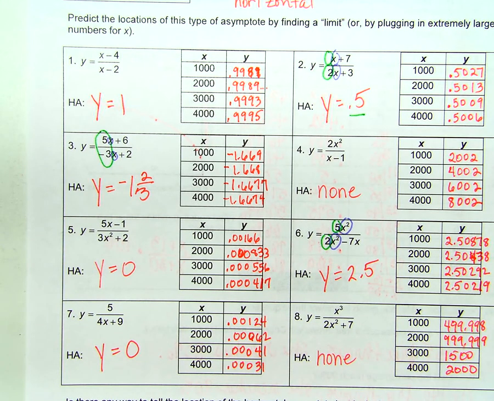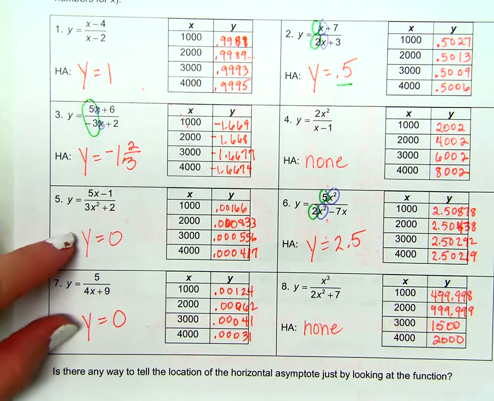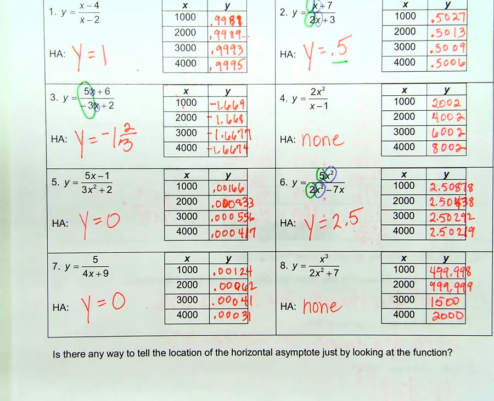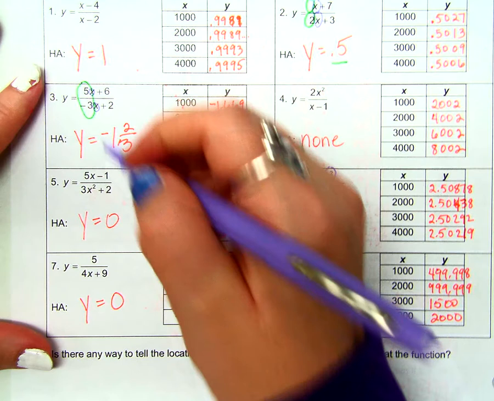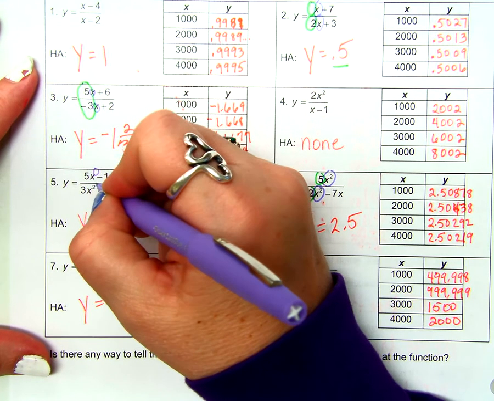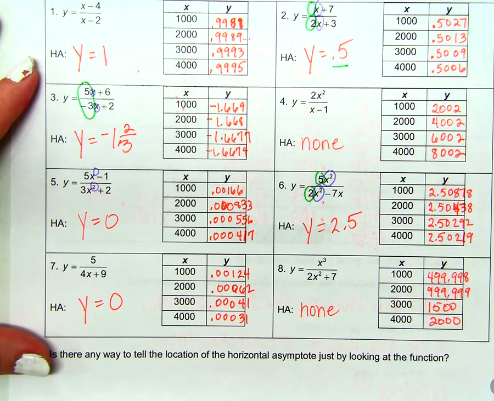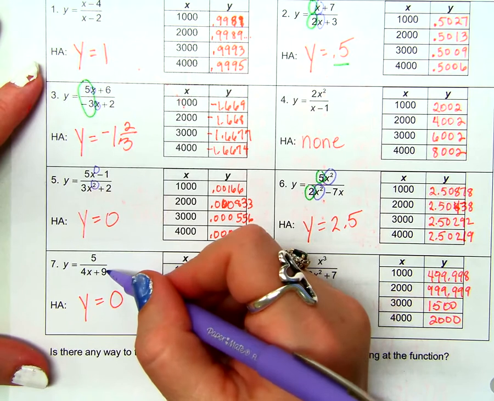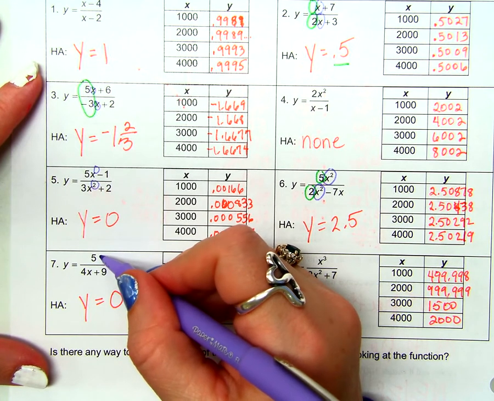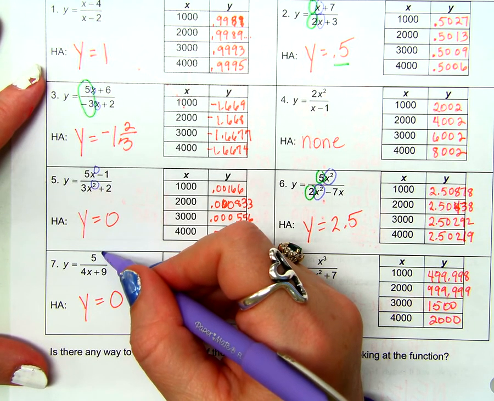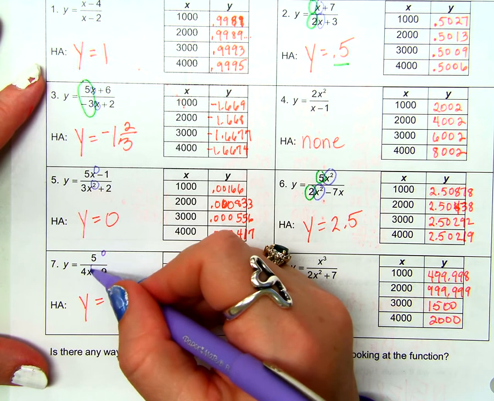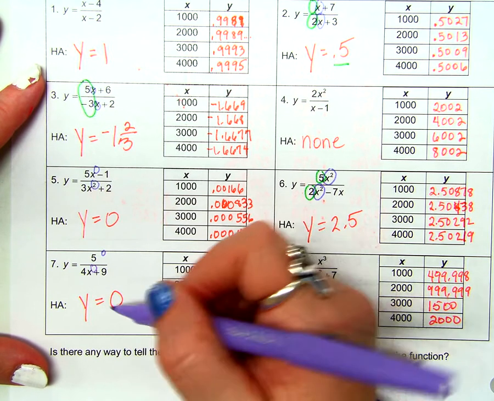So look at 5 and 7. I got the same kind of answer on 5 and 7. Look here and here. It's bigger on the bottom. What's the exponent here? 0. What's the exponent here? 1. Is it still bigger on the bottom?